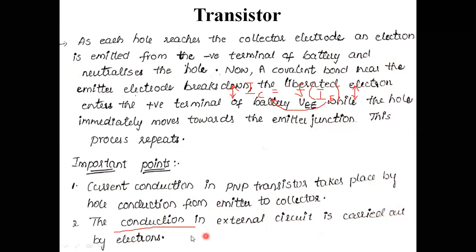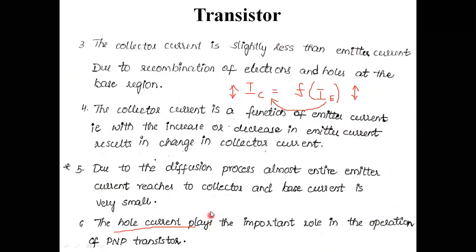Conduction in the external circuit is given by electrons here. The collector current is slightly less than the emitter current. Due to recombination, only a small amount of current is flowing across the base. Here, the collector current is a function of the emitter current. If there are any changes in the emitter current, that much change will come across in the collector current also.